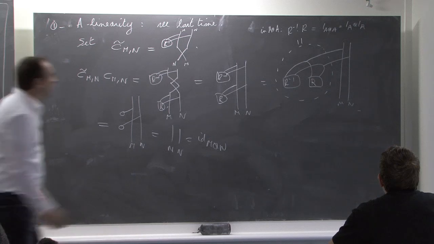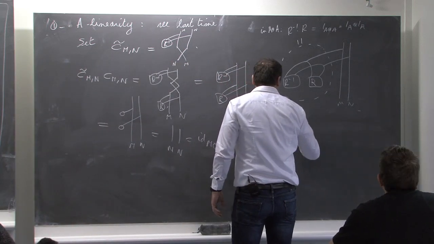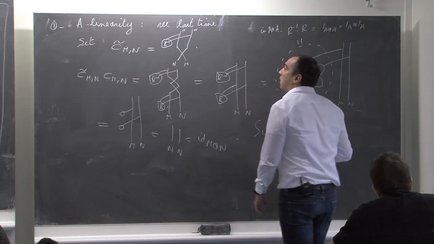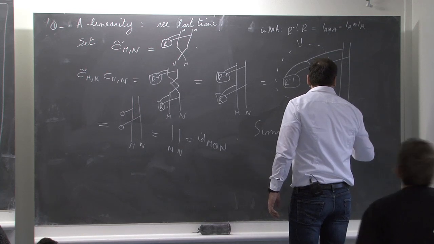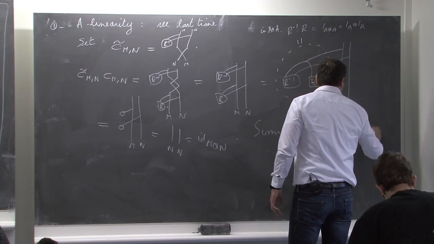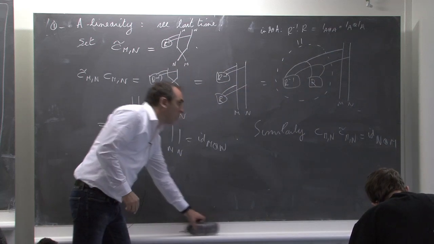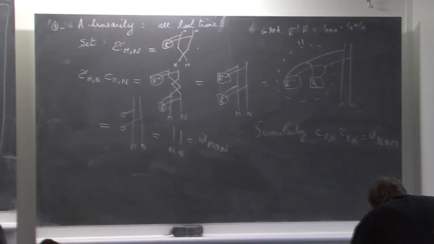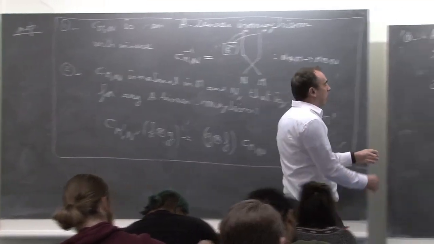And likewise, similarly, we obtain that C tilde M_n is the identity of N tensor M. So thus we have shown the first. Now for the second.